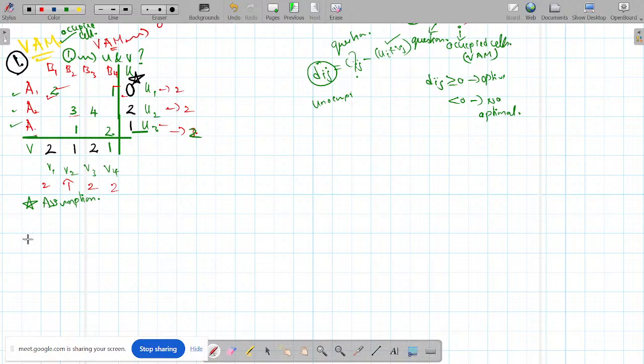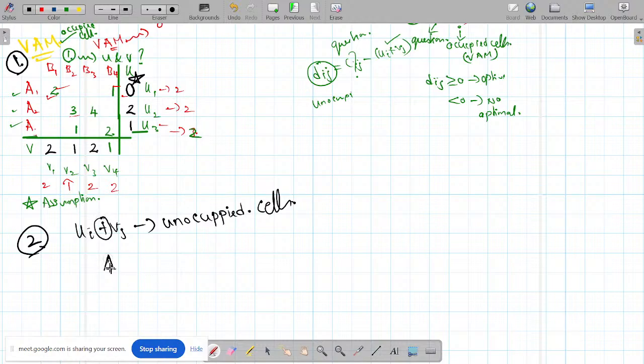Let me name the table: Table 1. Now let me go for Table 2. Table 2 is to find Ui plus Vj for unoccupied cells. In the first table we found Ui and Vj for occupied cells. In the second table we are going to find Ui plus Vj for unoccupied cells. So let me have the values A1, A2, A3, B1, B2, B3 and B4.